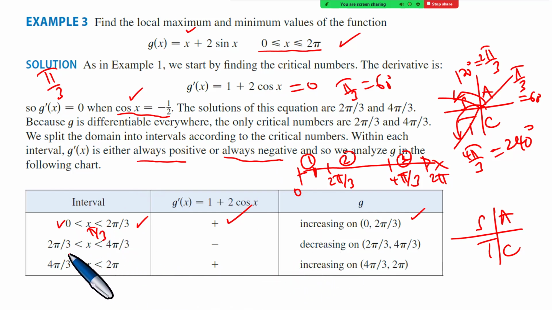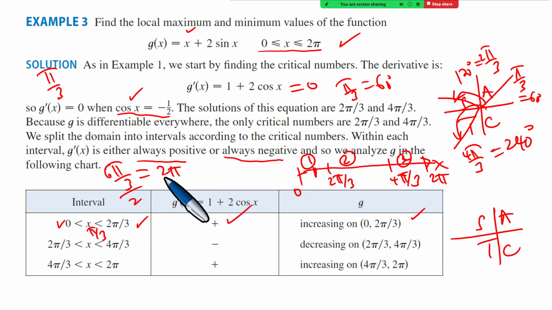Between 2 pi over 3 and 4 pi over 3, exclusive, we take the middle. What is the center number? You add this to that and divide by 2. When you add 2 pi over 3 to 4 pi over 3, you get exactly 6 pi over 3, which is 2 pi.